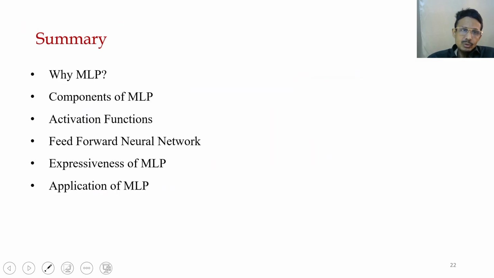To summarize, in this lecture we defined the MLP and the different components of a multi-layer perceptron. Then we understood what we mean by activation function. Then we defined the feed-forward neural network, that is, the multi-layer perceptron, and how it models some problems, and the expressiveness of the multi-layer perceptron, which is most important.